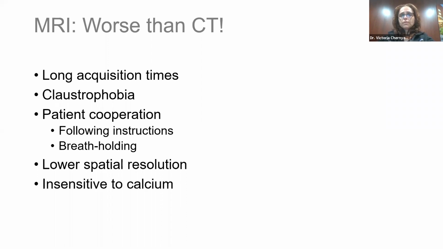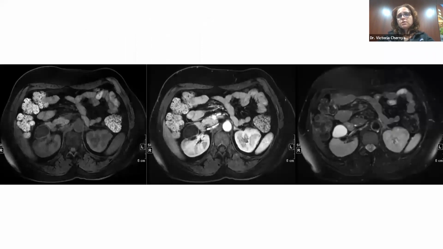MRI in general is not sensitive to calcium, so for disease processes which rely on detection of calcium, MRI doesn't do great. For example, this is a young woman with a well-defined lesion in the kidney, very bright on T2, very dark on T1, with not much in terms of enhancement.